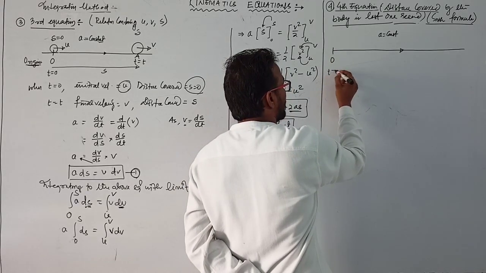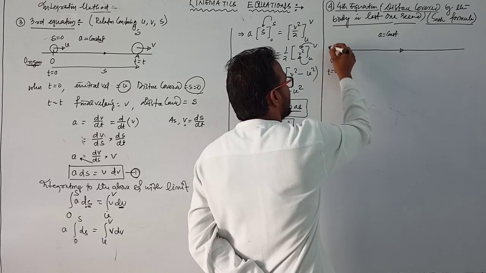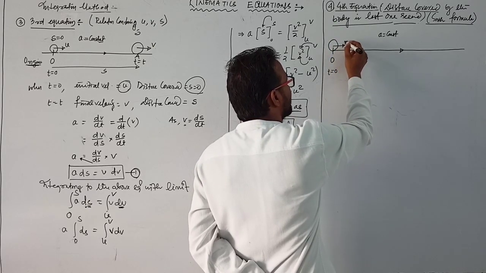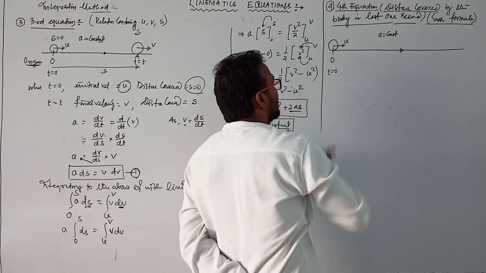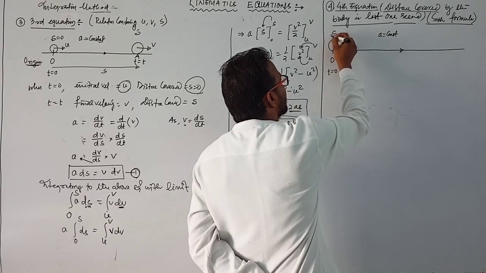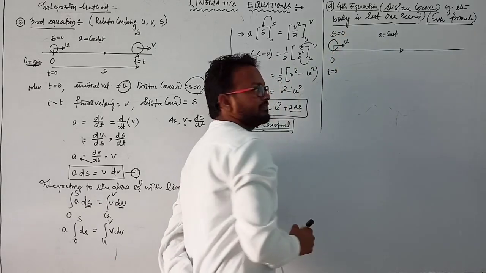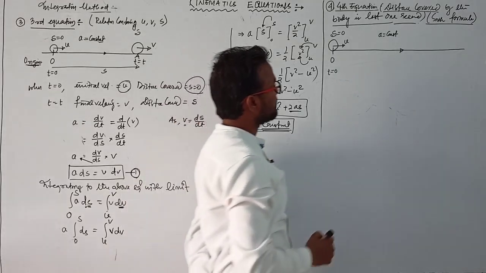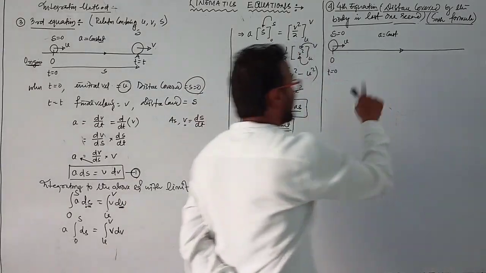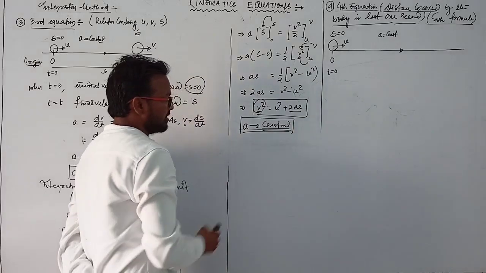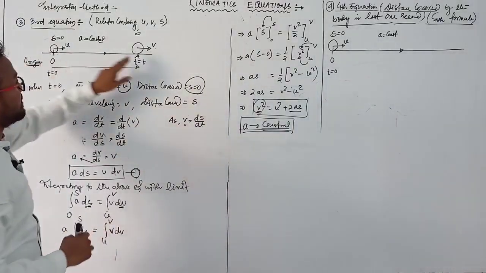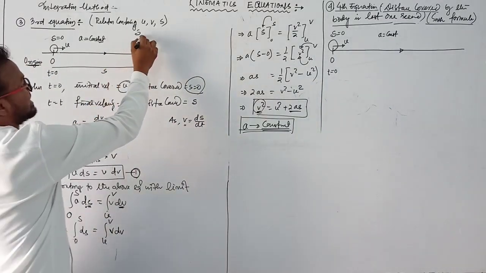When time t equals 0, the initial velocity of the body is u, and its initial displacement or distance is 0. Clear? Okay. So after time t, we already know the relation. After time t, it covers a distance s.